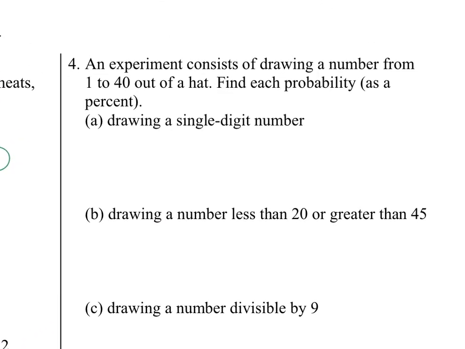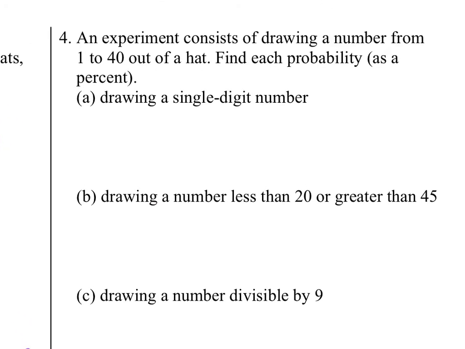Please don't forget. All right, an experiment consists of drawing a number from 1 to 40 out of a hat. Find each probability as a percent. Okay, so that's what our answer has to be. You will get marked off if you don't give me a percent answer.